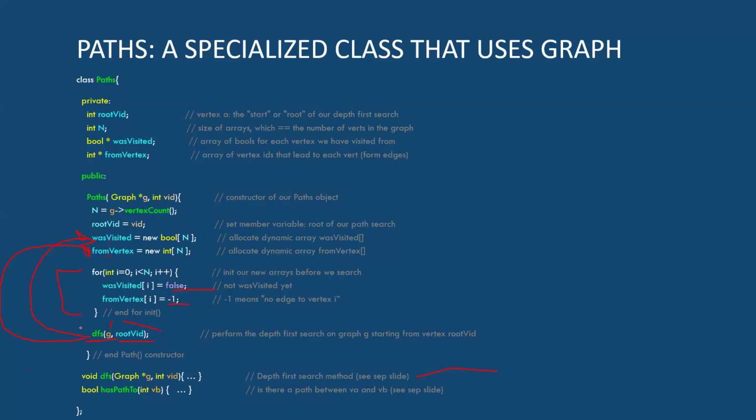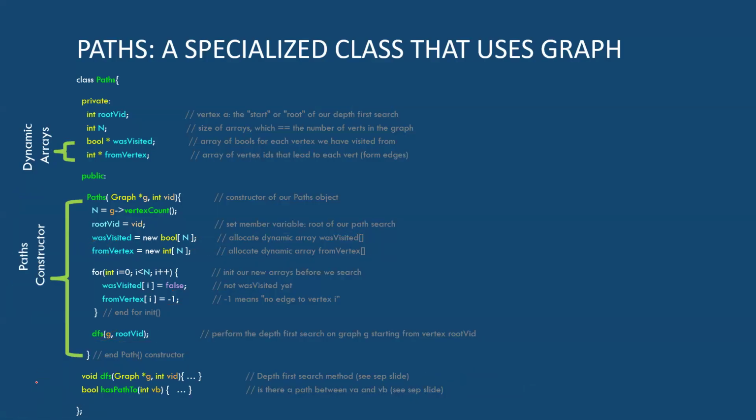This is me calling it inside of my constructor. By the time my constructor is done, it will have finished the analysis here. And then we can come over and ask questions about it, okay? So it's construct and then ask questions. And we'll take a look at all this final code once we get it up on the screen here, okay?